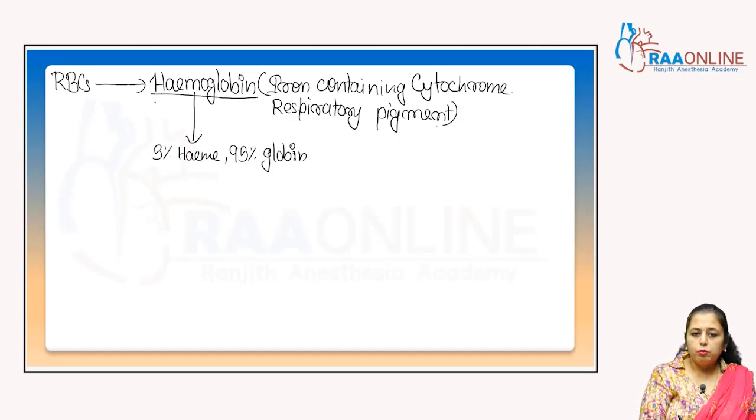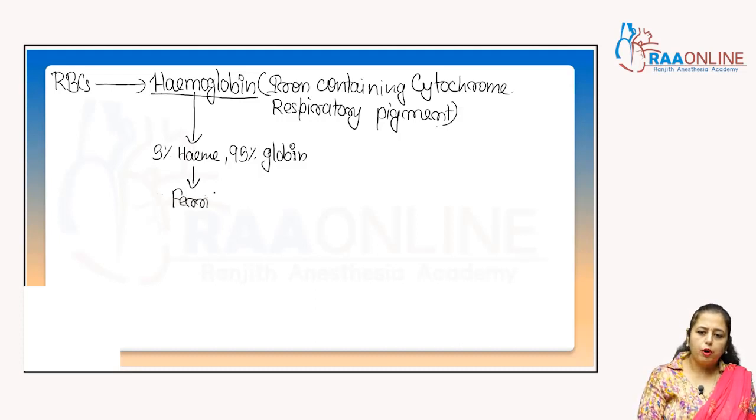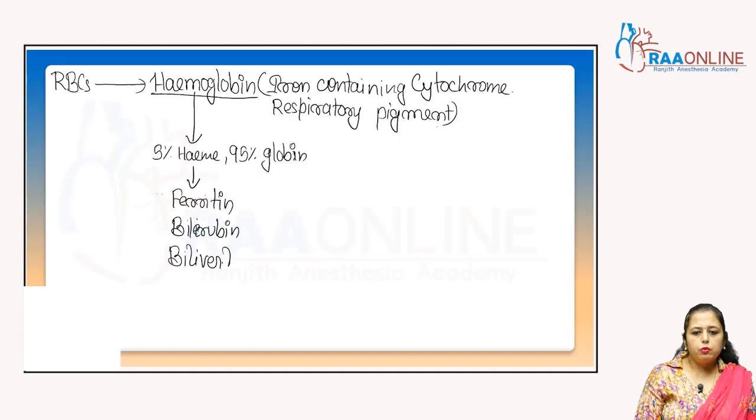When that hemoglobin gets destroyed, it gives three products: ferritin, bilirubin, biliverdin, right?